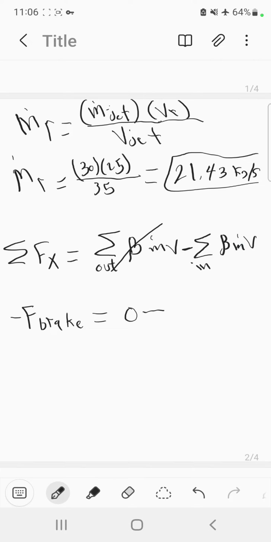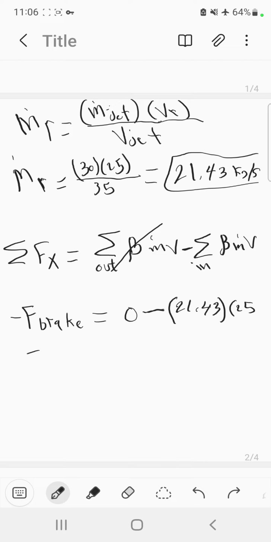Now for the inlet, minus the mass flow rate, which we found here, 21.43, times the relative velocity, which is 25.